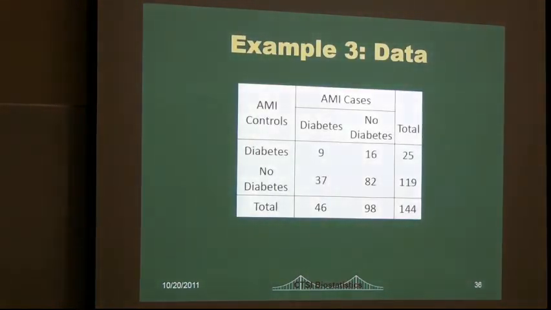So in this case, if you want to test whether the proportion of patients with diabetes in the control is the same as the proportion of patients with diabetes in the cases, comparing these two proportions is the same as comparing the off-diagonal elements. 25 is the sum of 9 and 16, and 46 is the sum of 9 and 37, so you have this common element. The difference in proportion between these two can be obtained from the difference in proportion between these two off-diagonal elements.